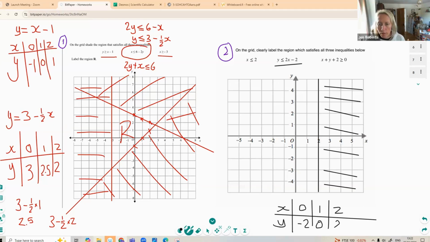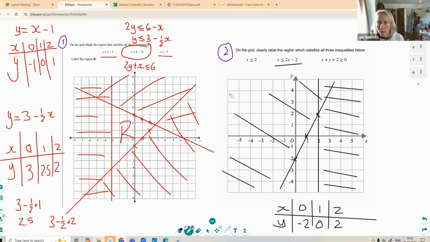Take away 2 is 2. So 0, minus 2. 1, 0. 2, 2. We want below the line, because we've got less than or equal to here. So we do want below the line. We don't want above, so we'll shade out this region above.